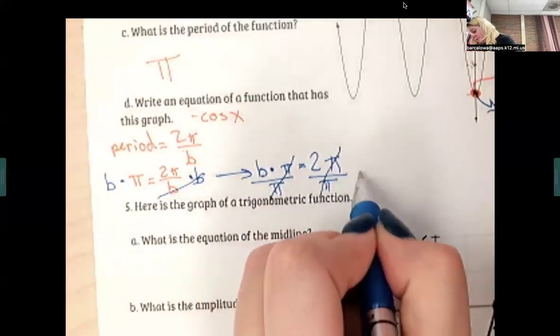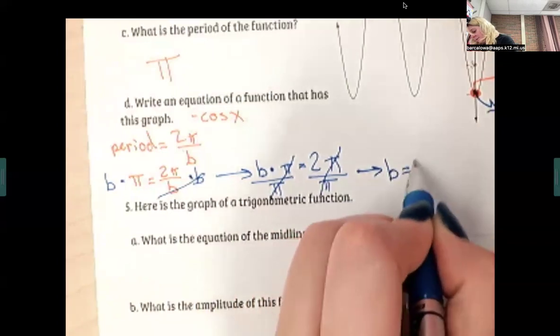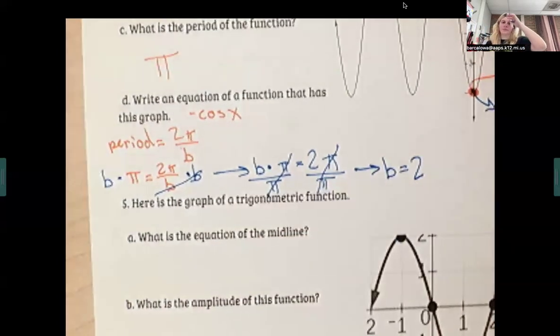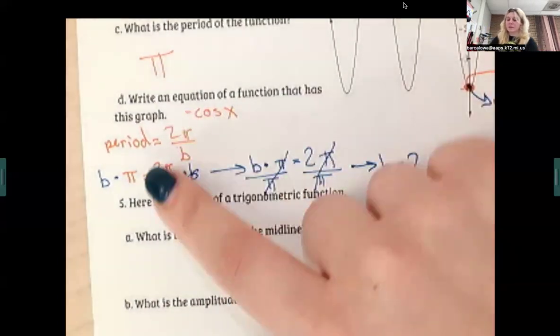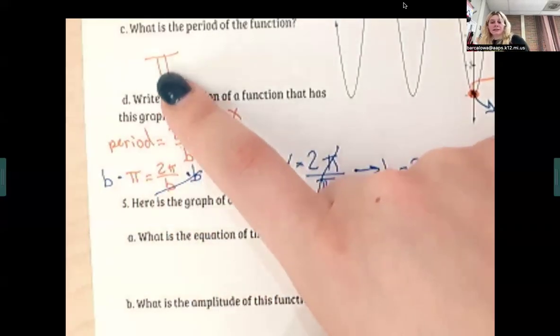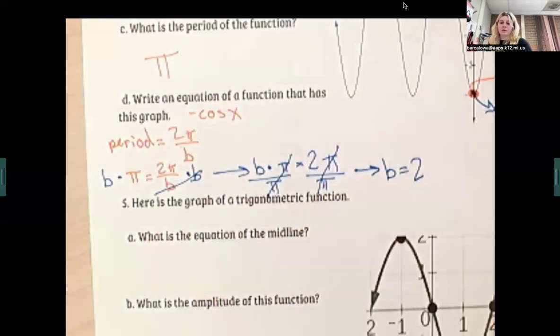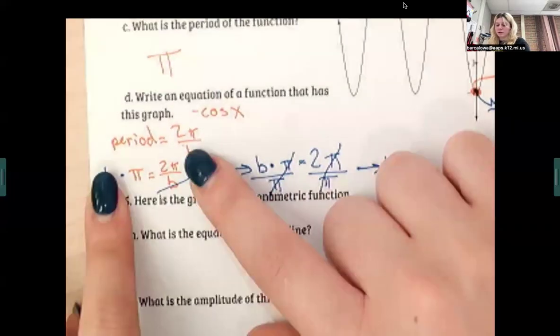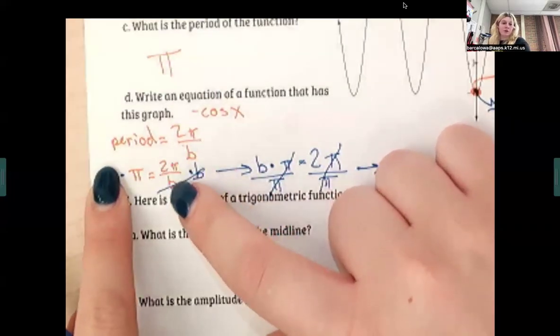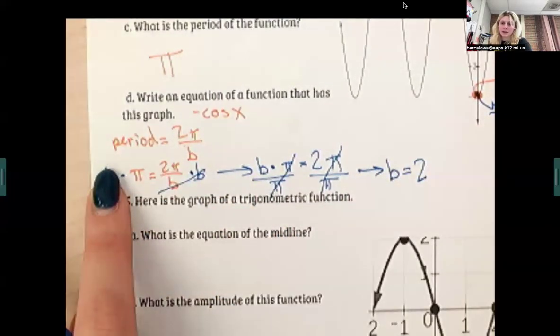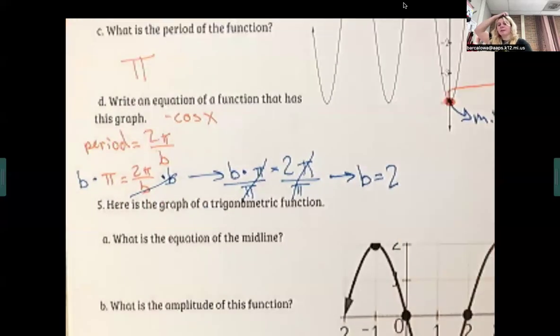Okay, pi will cancel out on both sides. So then b equals 2. All right, I'm replacing period with the period I see in the function, solving for b. Again, if you just looked at this and you're like, well, 2 divided by 2 would equal 1 pi. That's fine, okay? Either way, we should end up with a b value of 2.